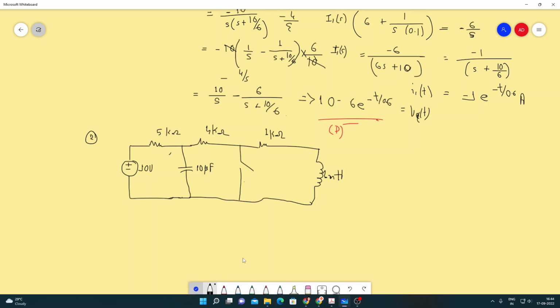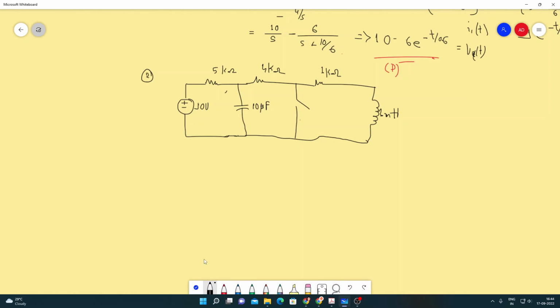Okay, so the voltage across the capacitor Vc(0-) is 5 volts, as it's basically a voltage divider. So you have 5 kilo ohms on this side, this is open, so it's 5 kilo ohms on this side as well. And this is short.